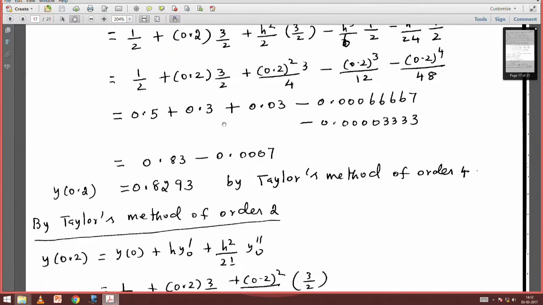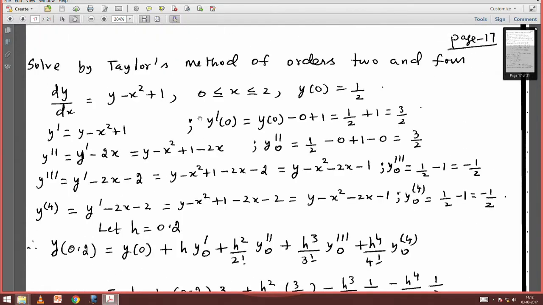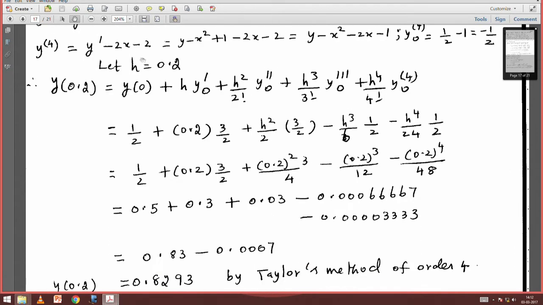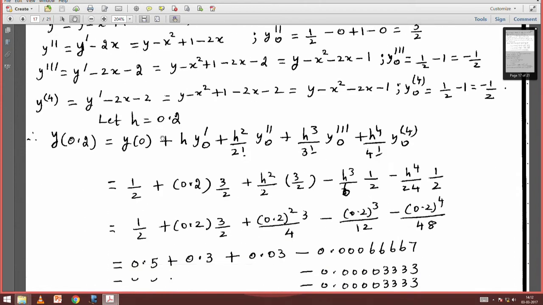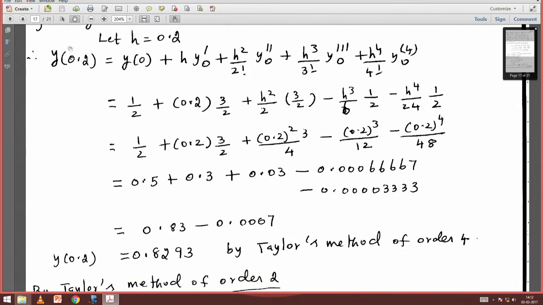So, we are required to compute the solution in this interval 0 to 2 by taking step size to be 0.2. So, we have worked out the details by computing the solution at 0.2. Now solve the new initial value problem, which is dy by dx is equal to y minus x square plus 1, subject to the condition that y at point 0.2 is 0.8293 by Taylor series method of order 4.